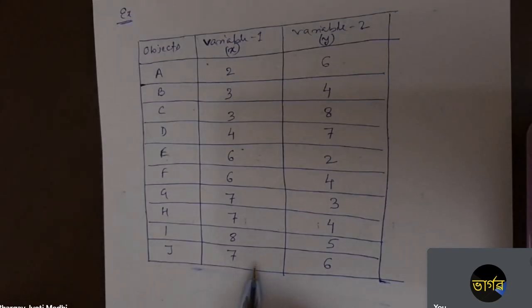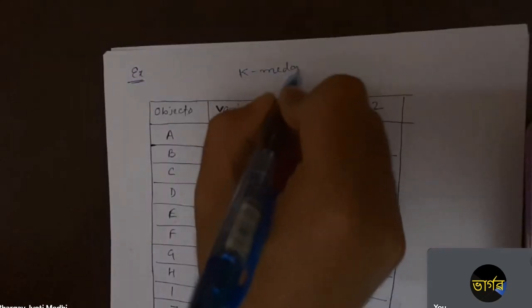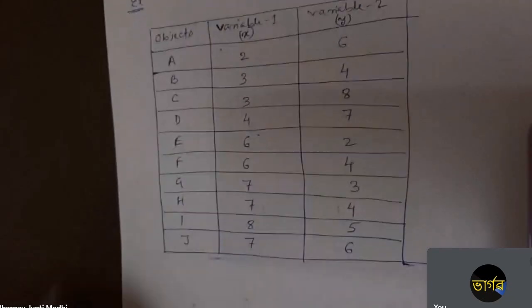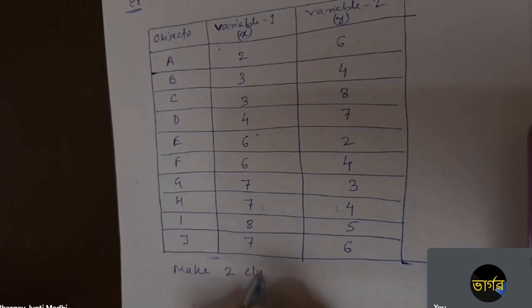We will do k-medoid clustering. Suppose you have to make two groups, okay, so we are asked to make two clusters. It means k is 2 only. k is the number of clusters, whether it is k-means or k-medoid.